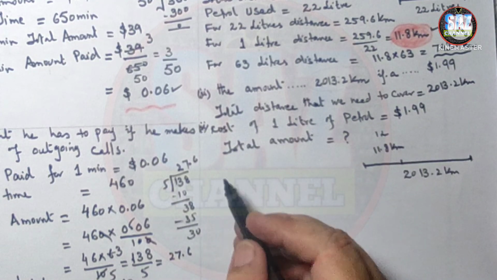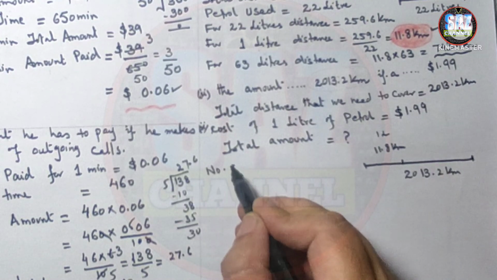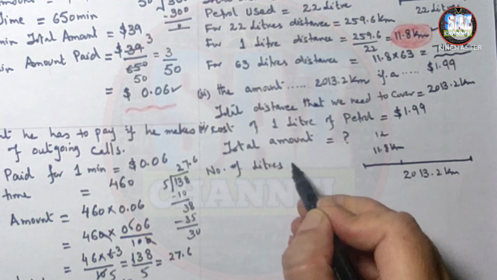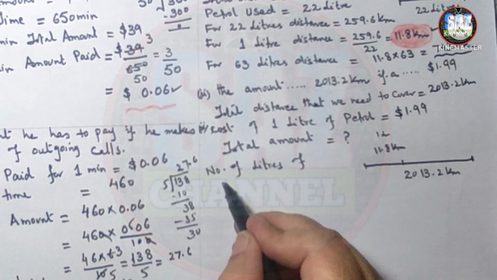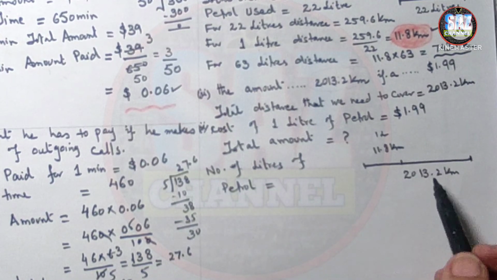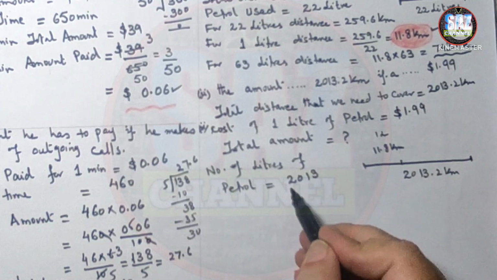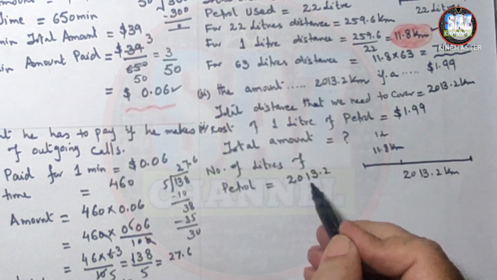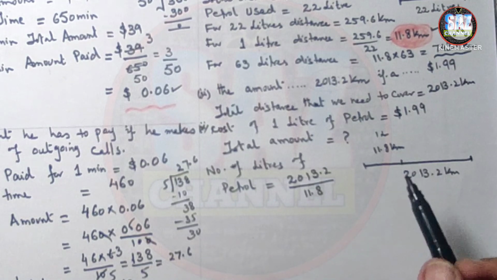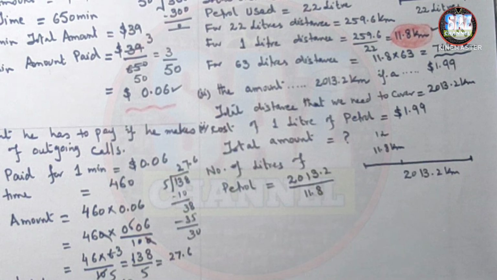So what we are going to do is: number of liters of petrol will be equal to total distance traveled by the rate, 13.2 divided by 11.8. So total distance divided by distance traveled in 1 liter.